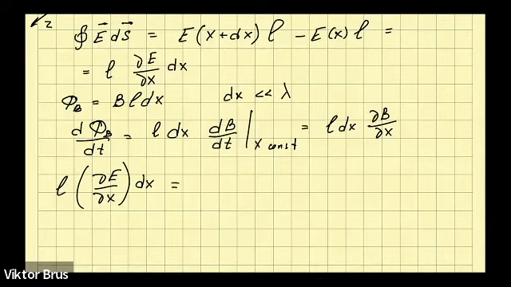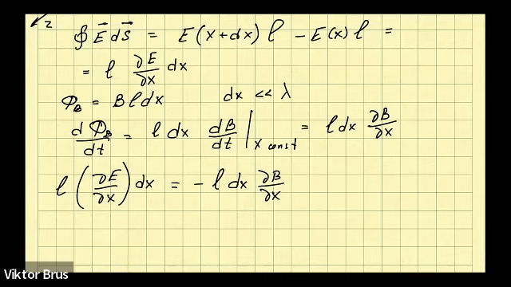And the right side should be minus the first derivative of the magnetic field flux, which is L dx dB over dt.